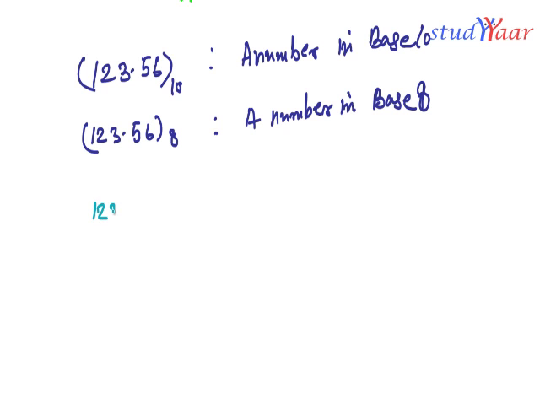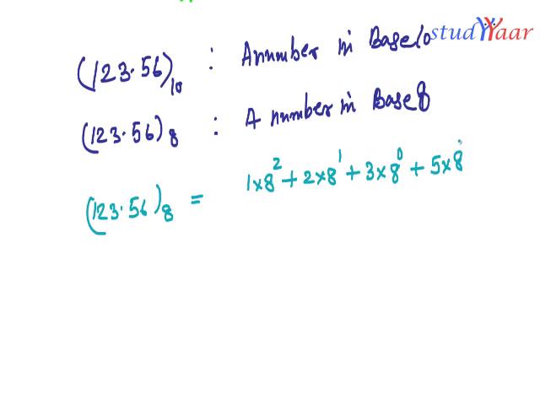So 123.56 in a number system of base 8 would be 1 into 8 raised to 2 plus 2 into 8 raised to 1 plus 3 into 8 raised to 0 plus 5 into 8 raised to minus 1 plus 6 into 8 raised to minus 2.